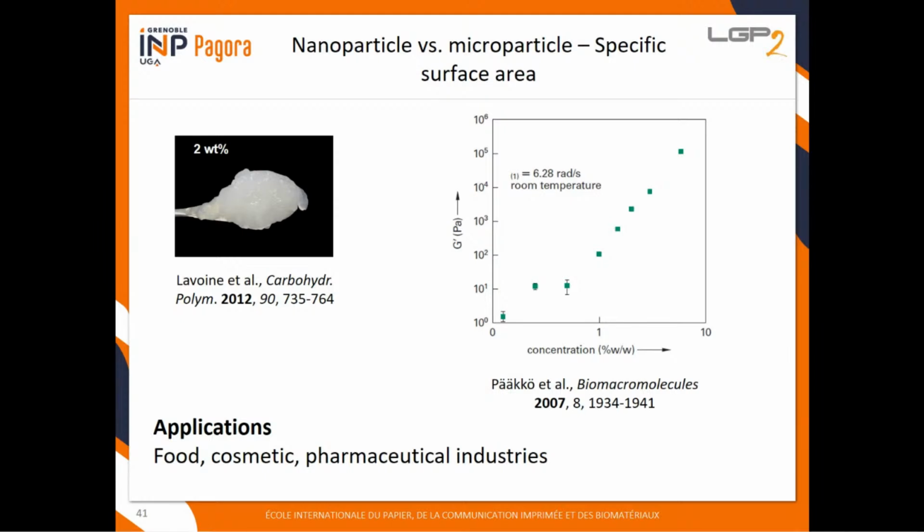You can see here also the evolution of the storage shear modulus, so the viscosity of the suspension as a function of the concentration. And you can see that with only a few percent, there is a huge increase in the viscosity of the suspension. This is because we obtain this gel. And we can think about possible application in food industry, cosmetic, or pharmaceutical industries.